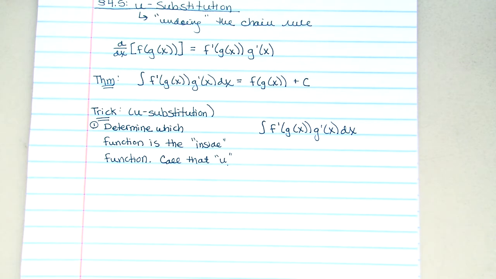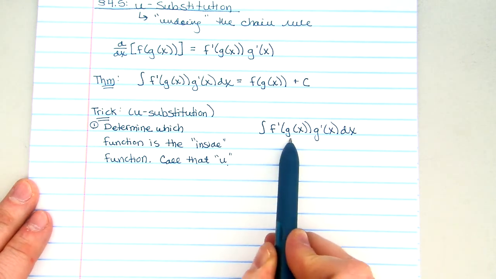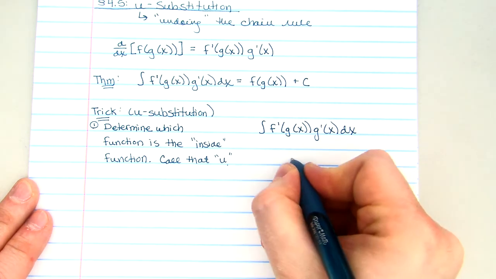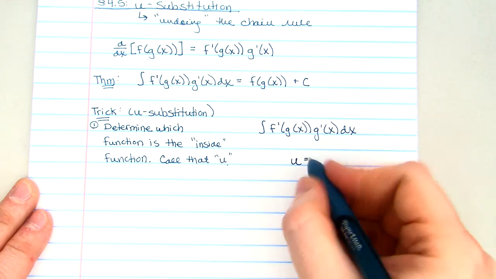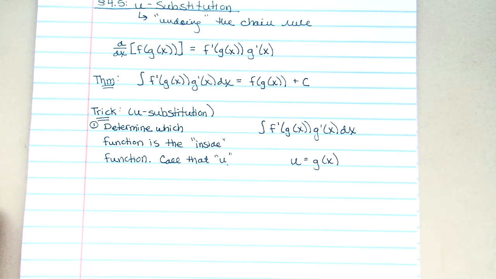I'm going to call that thing u. This mess over here, f prime of g of x, g prime of x, well, I do see something inside something else. I'm going to call u that inside piece. I'm going to call u g of x.